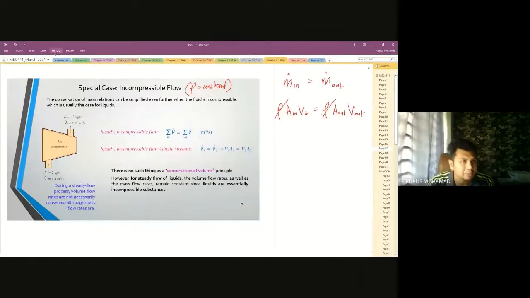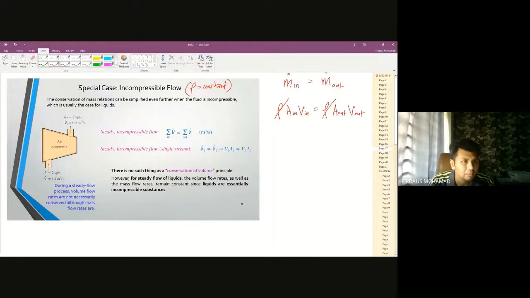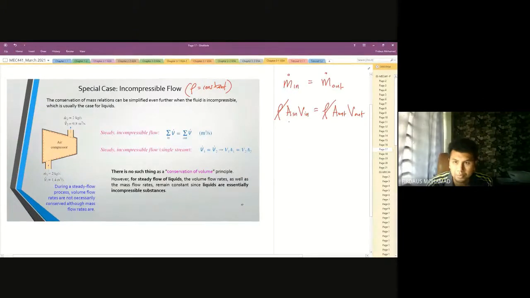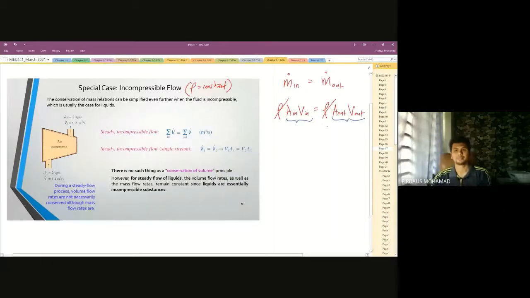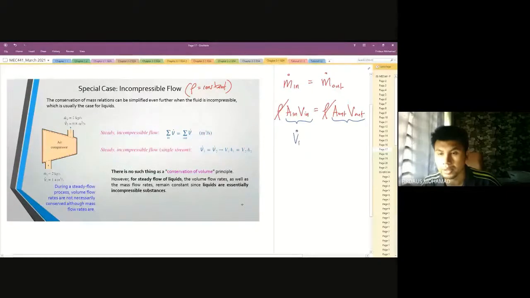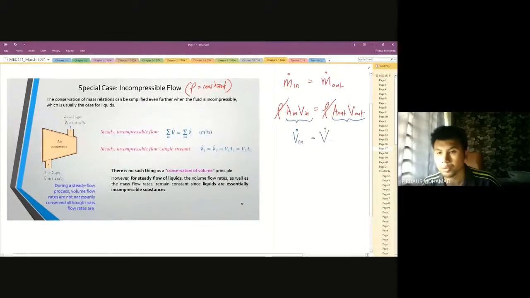What is AV? A times V is the volume flow rate. So for steady and incompressible flow, for liquids, since most liquids are incompressible, V dot inlet also equals V dot outlet.